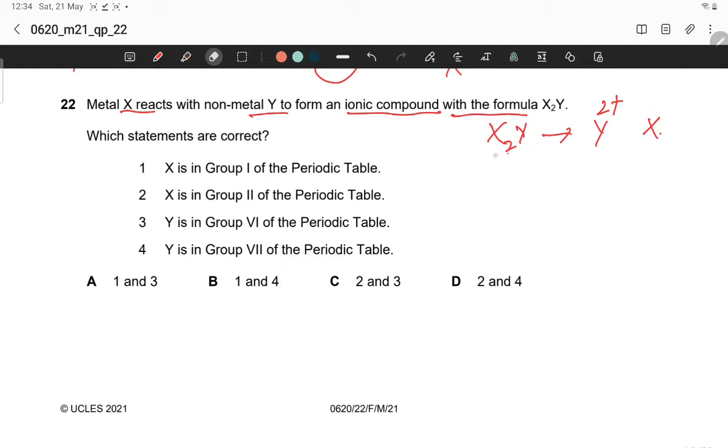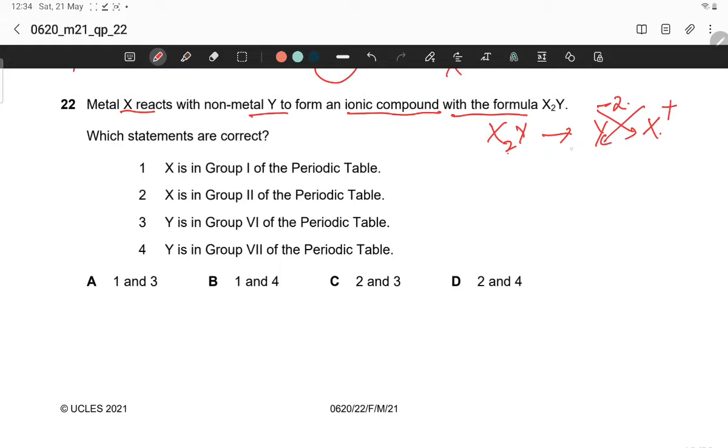In ionic compound X2Y, Y is non-metal, so it is 2 minus, and X carrying plus 1. So when charges are cross multiplied, X2Y are formed.